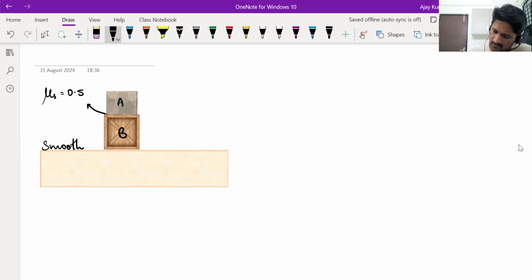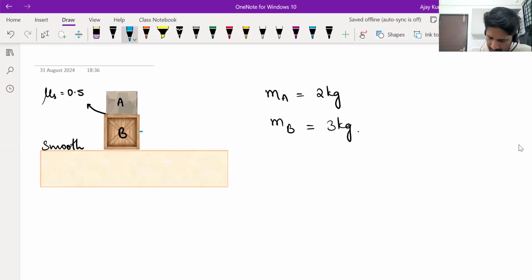A's mass, let's assume, is 2 kg. B's mass, let us assume, is 3 kg. And we pull the lower block with a force of 5 Newton.